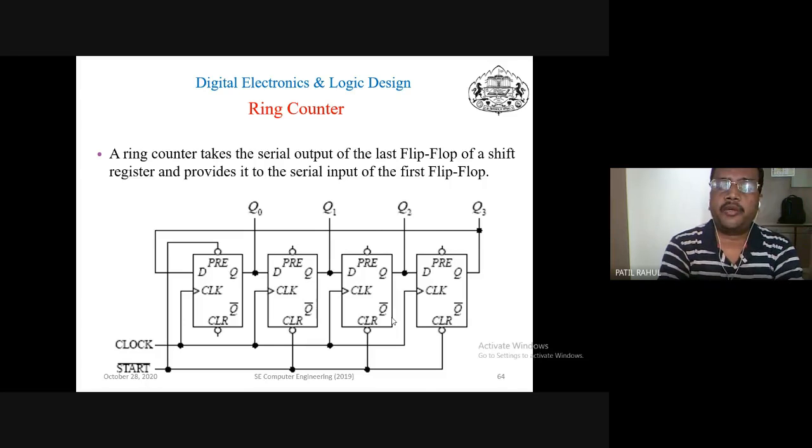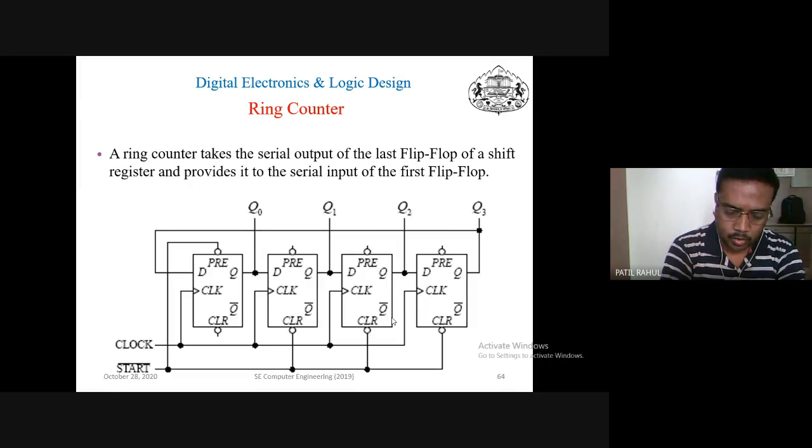The output of the last flip-flop is connected to the input of the first flip-flop. You have already seen a number of circuits: SISO, PISO, PIPO, SIPO, then universal shift register, then bidirectional shift registers. You learned all these types of shift registers. In these, if you connect the output of the last flip-flop to the input of the first flip-flop, then it forms the ring counter.